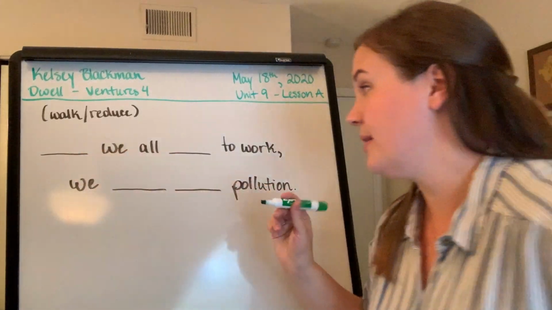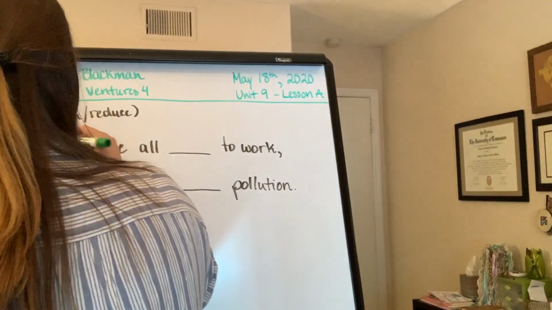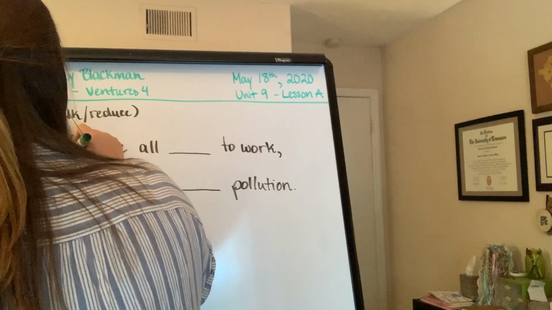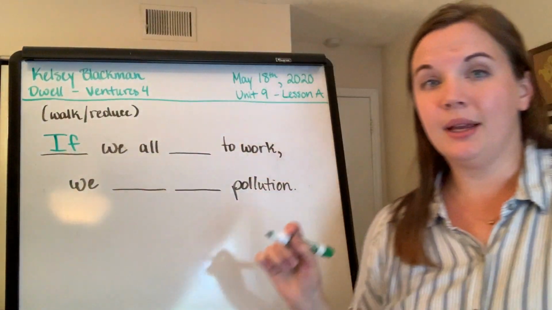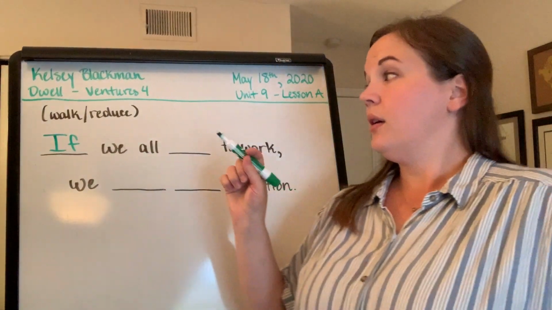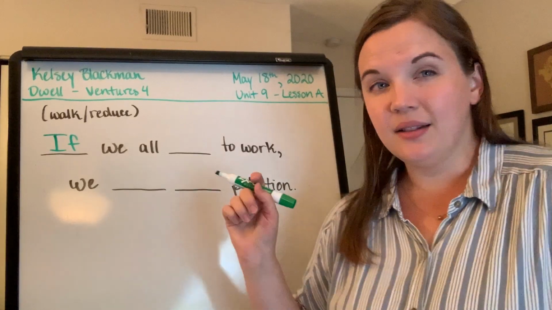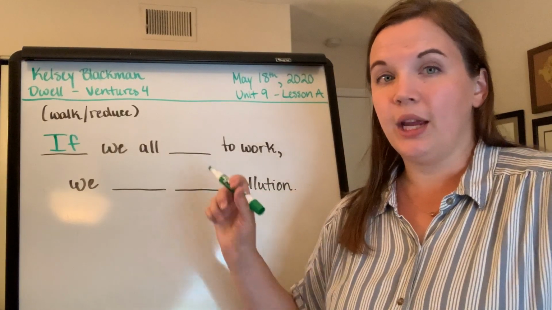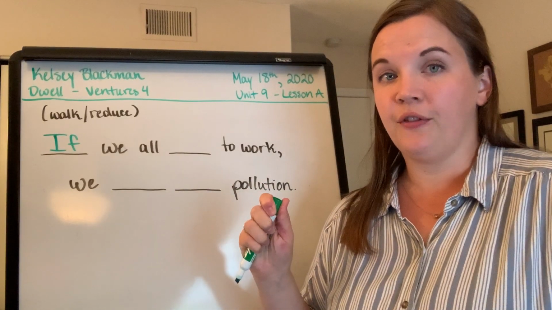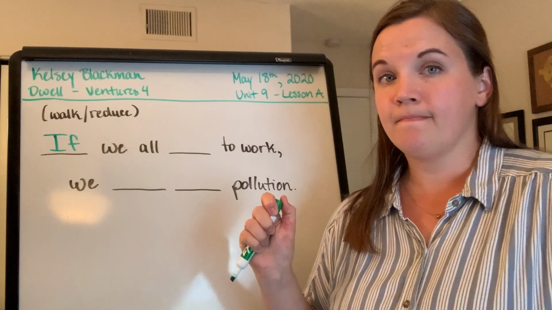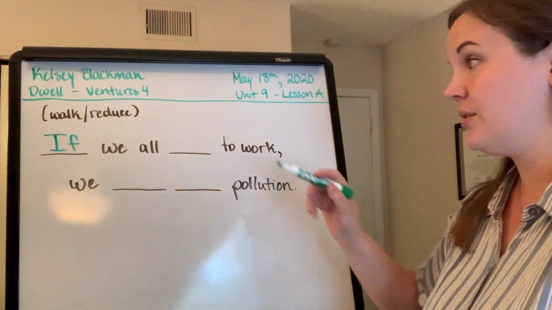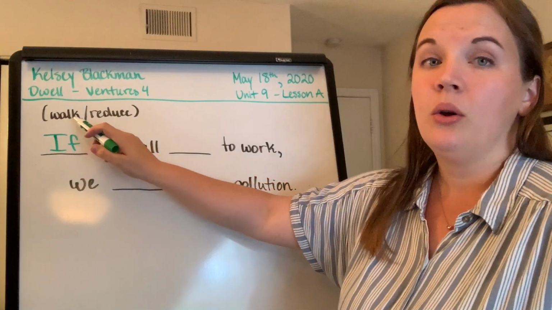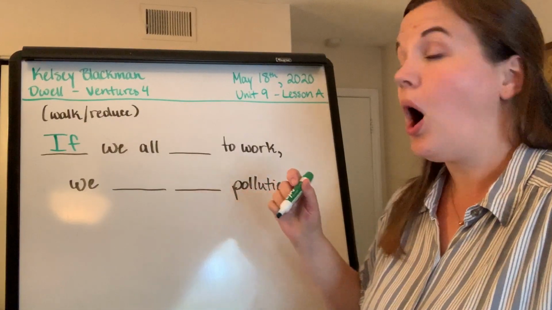Going to go right here, isn't it? If we all. Now the verb is walk. Do you remember which tense we use in the if clause for the verb? Past tense. So if we all what? Walked.